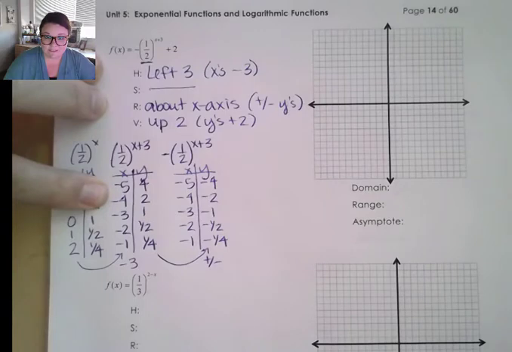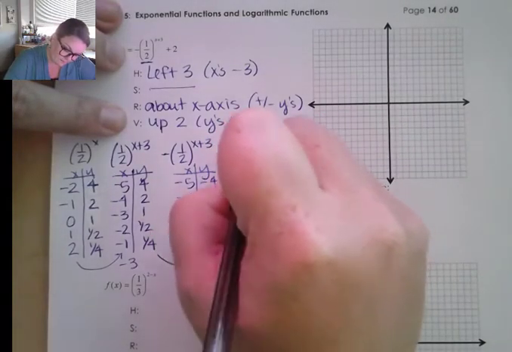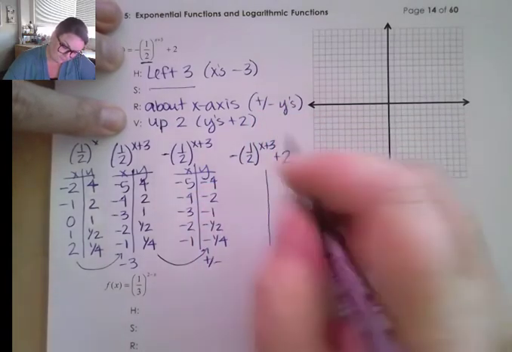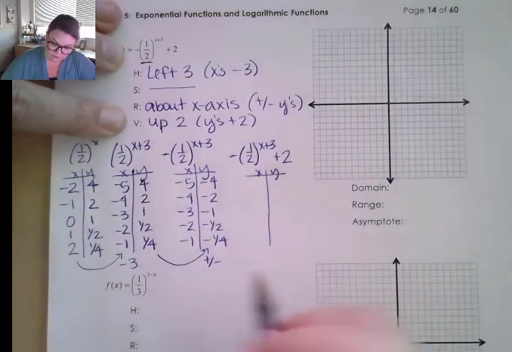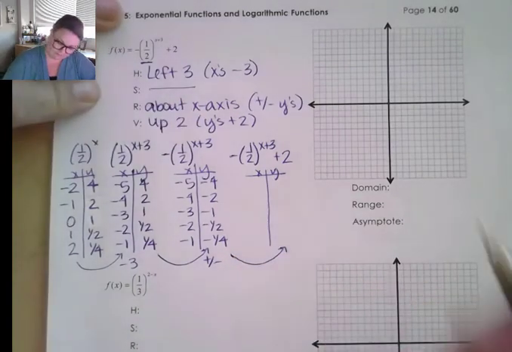And then the last thing we need to do is our vertical shift. We do our vertical shift by taking our y's from the previous table and adding 2 to them.